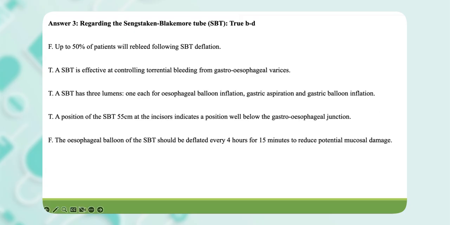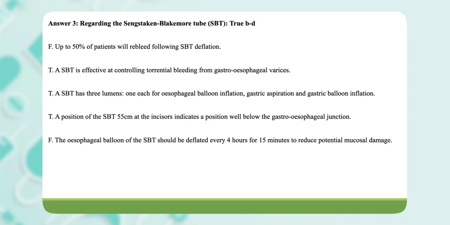So that's there. And the Sengstaken-Blakemore tube is effective in controlling torrential bleeding, yes, in gastroesophageal varices. And SBT has 3 lumens, yes. One is for esophageal balloon inflation, one is for gastric aspiration, and the other is for gastric balloon inflation.